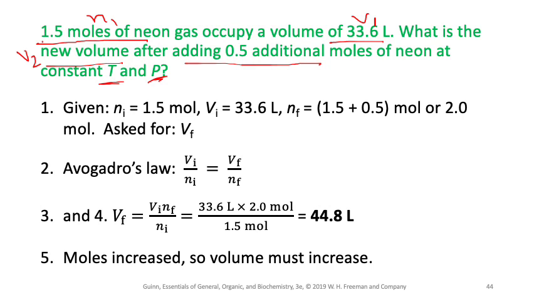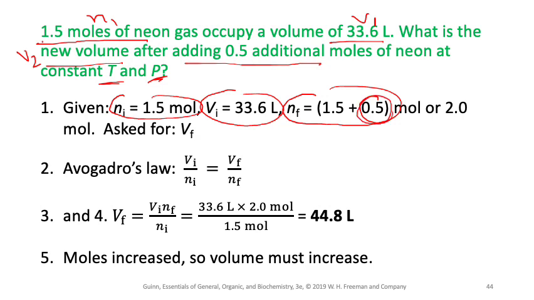So that's your N2. N1 we already know, initial volume 33.6, and for the final moles, you have to add 0.5 moles to the initial number of moles, because it says adding an extra number of moles to the previously known moles of the gas. So your final number of moles comes out to be 2.0 moles, right?